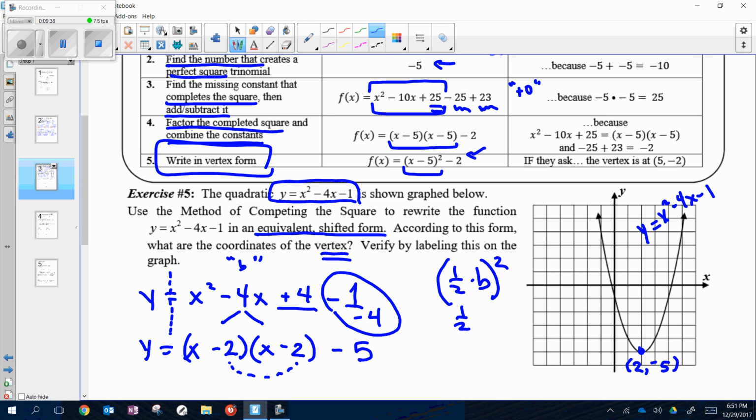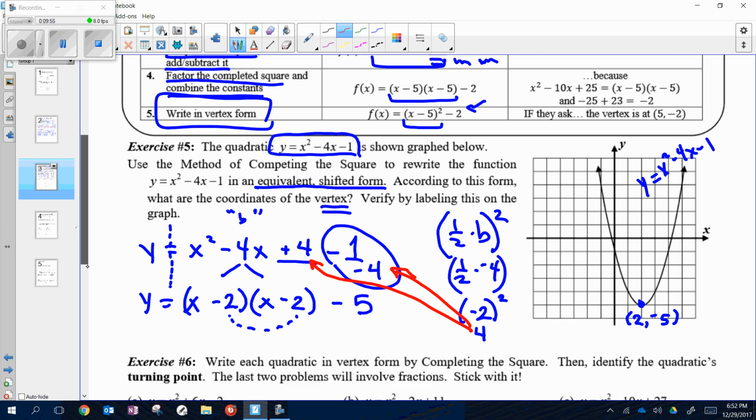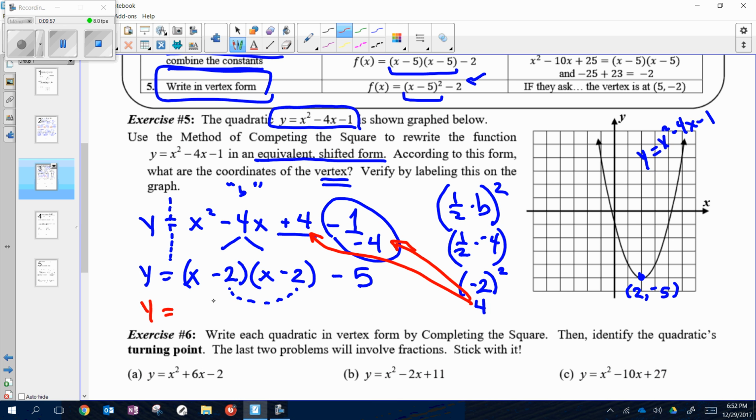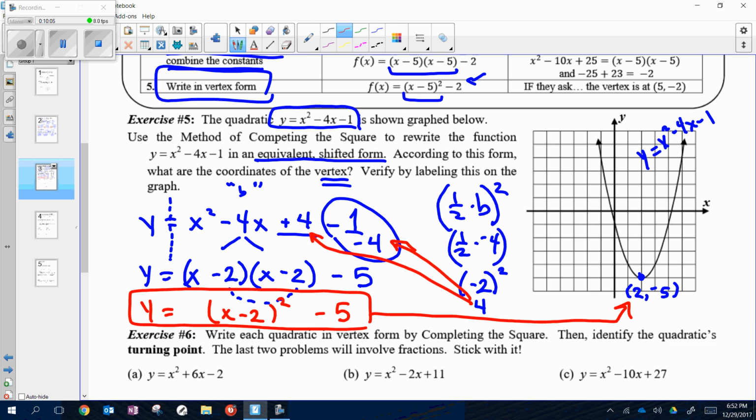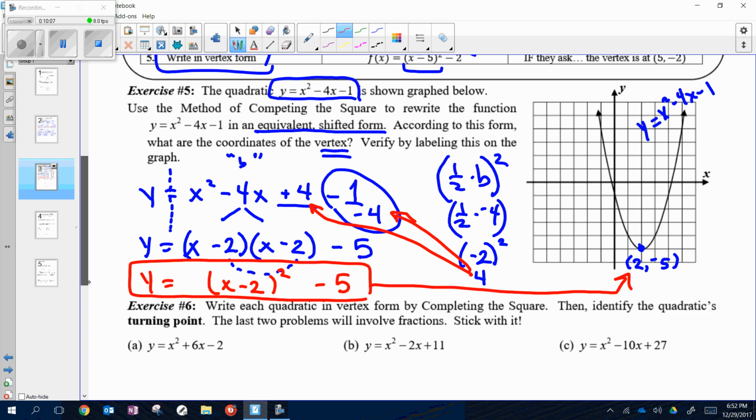I took half of -4, that was -2. I squared it, and that was the 4 that I needed to add in to the blank spot and take it away. When I write this as a perfect square, I get x minus 2 squared minus 5, and you should notice that the vertex is at 2, negative 5.